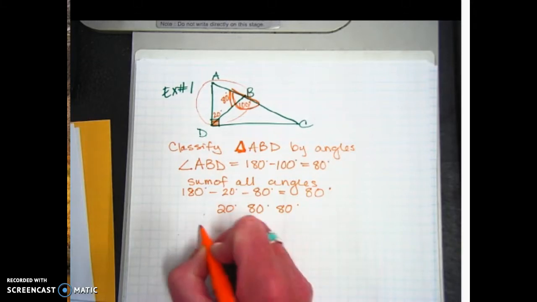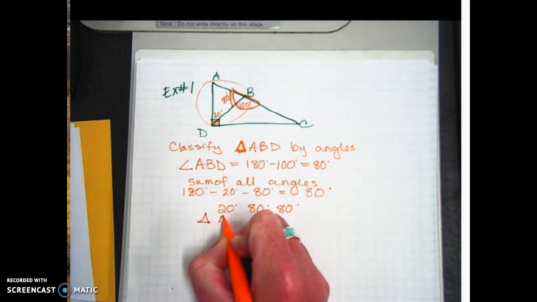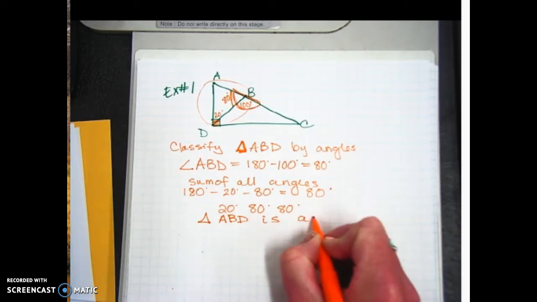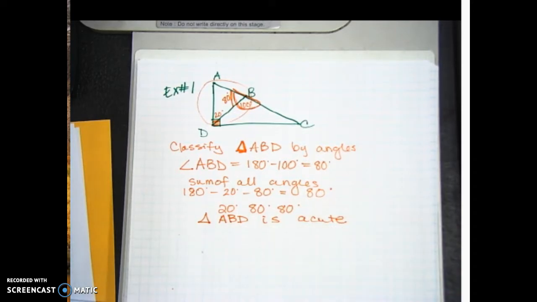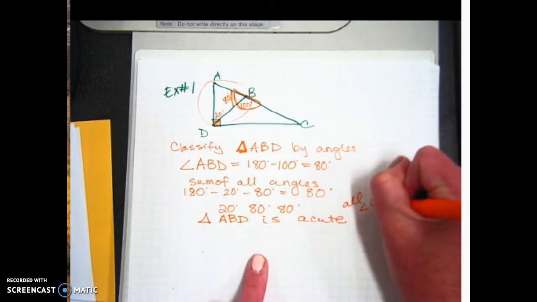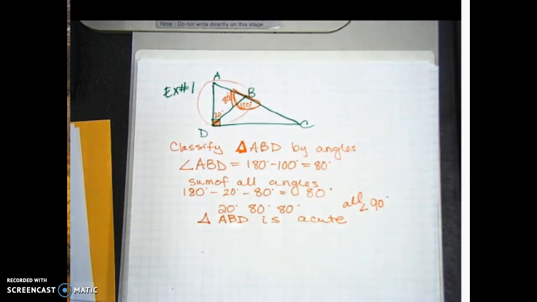So we're going to say that triangle ABD is acute. They're all less than 90 degrees. 20 is less than 90 degrees, 80 is less than 90 degrees, and 80 is less than 90 degrees. So it is an acute triangle. Okay, any questions on example number 1?